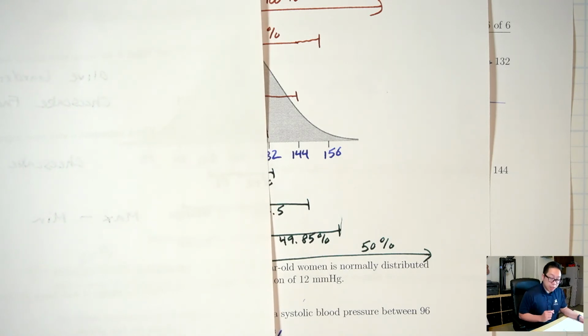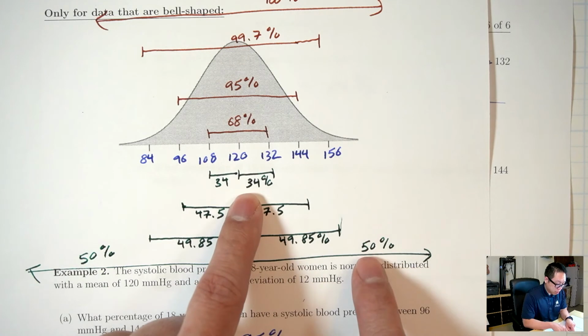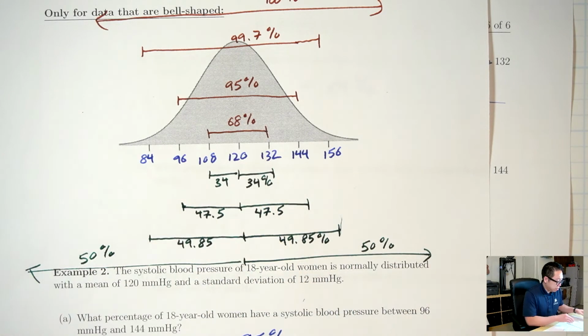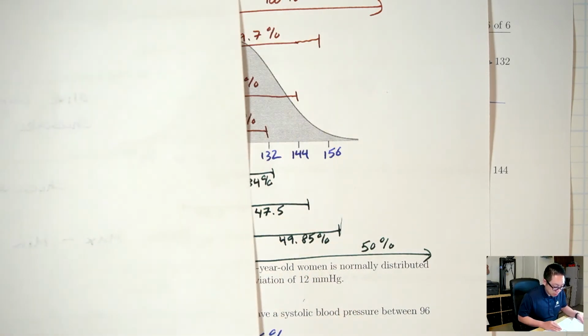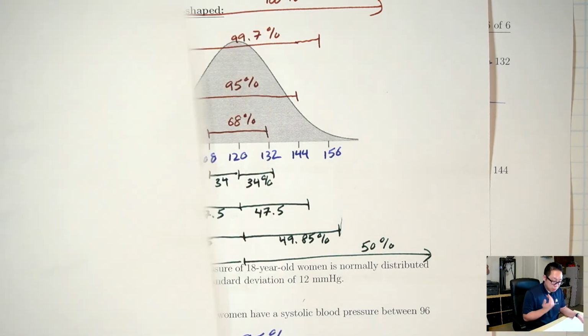So I expect my answer to be less than 50% for sure. Once you decide that it involves 50% and 34%, you're not going to add them, because if you add them, you get 84%. But that's definitely less than 50%. That's definitely not 84%, right? So that suggests that you should subtract.